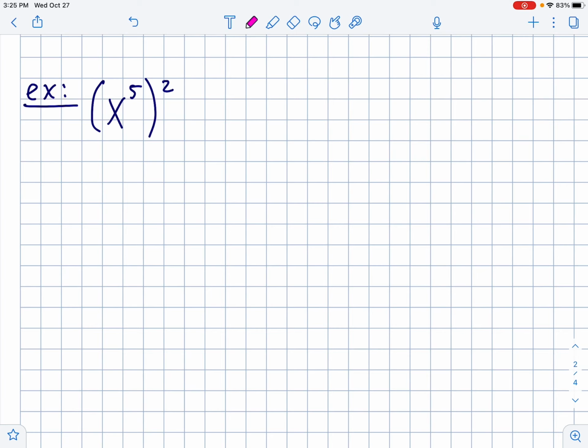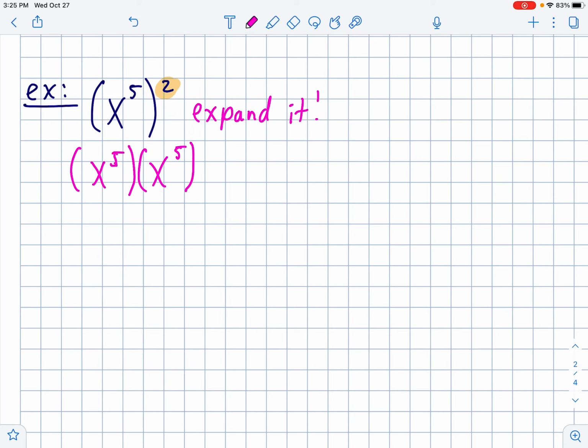Next up, x to the 5th squared. So it can be kind of confusing about what to do with power of a power. So I'm going to go with the expanding method again. Remember that if you square something, you're multiplying it by itself. So this is x to the 5th times x to the 5th.